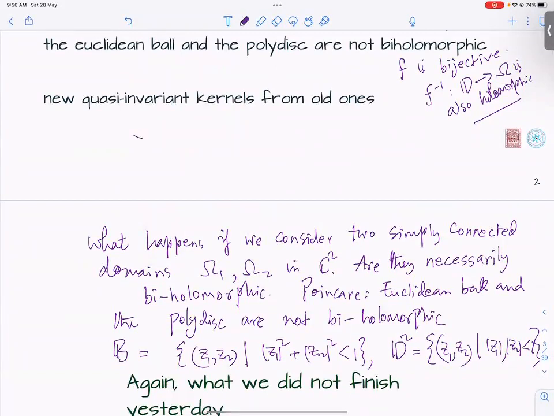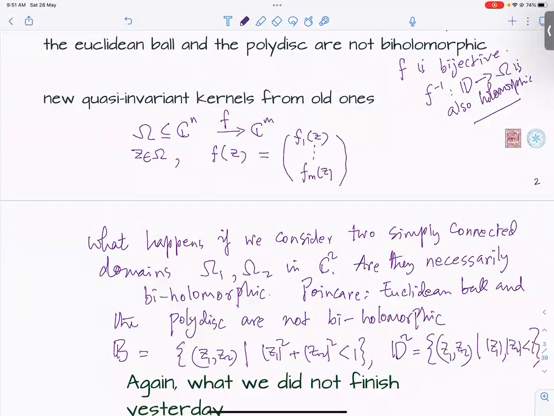Now, when I say holomorphic, there is one last thing I want to say before I go on. A holomorphic map of a domain omega in Cn to Cm: first of all, notice that any map f of z, z in omega, that lands in Cm is going to look like f1 of z through fm of z, but each of f1 through fm is a function of z1 through zn.